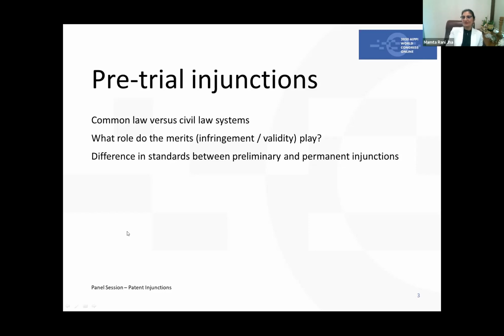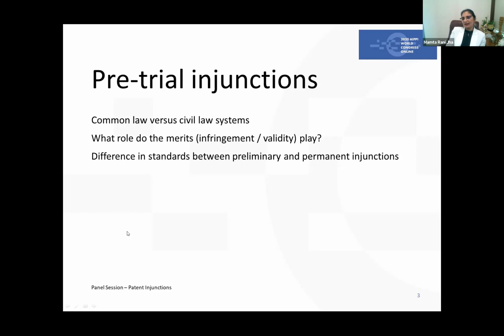I would say it's closer to Zoe because yes, we follow the three-pronged milestones, which is prima facie case, balance of convenience, and irreparable injury. When I say prima facie case, that means a patentee who has gone to court to enforce its patent has to establish whether its patent is valid prima facie, and there is a prima facie infringement.